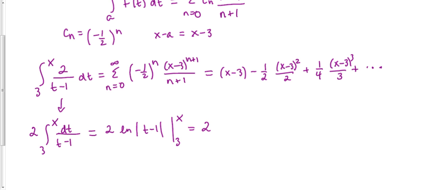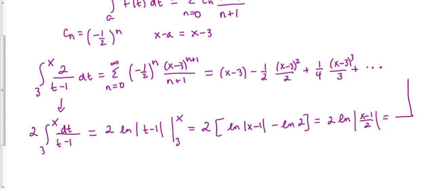So that's 2 times the natural log of the absolute value of x minus 1 minus the natural log of 2. I can combine this a little bit, giving me 2 times the natural log of the absolute value of (x minus 1) over 2. This function is equal to this power series, and it converges on the same interval, which is 5 is greater than x is greater than 1.